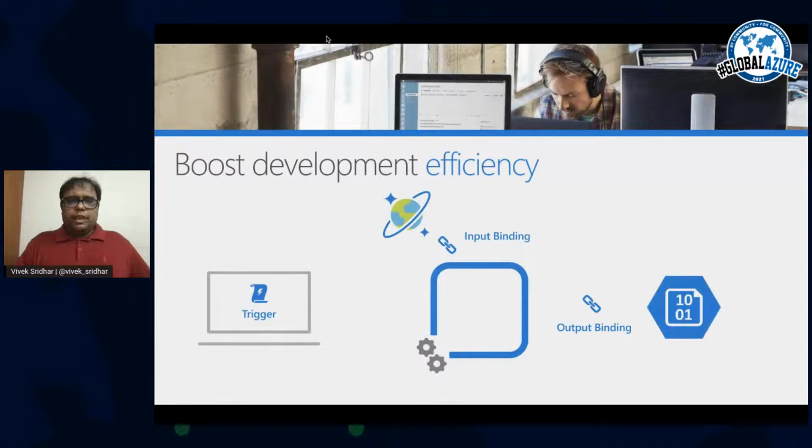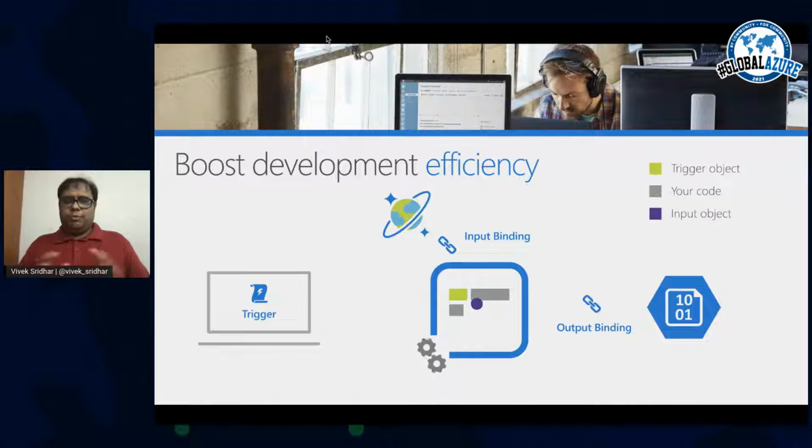From a development perspective, here is how it can be used. Before I get into the demo, I just want to show you through this diagram. There's a trigger, and from the trigger you're actually triggering into the input binding.